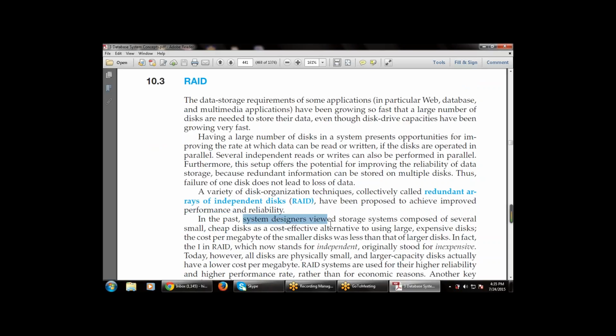In the past, system designers viewed storage systems consisting of several small cheap disks as a cost-effective alternative to using large, expensive disks. The cost per megabyte was less than that of the larger disks.